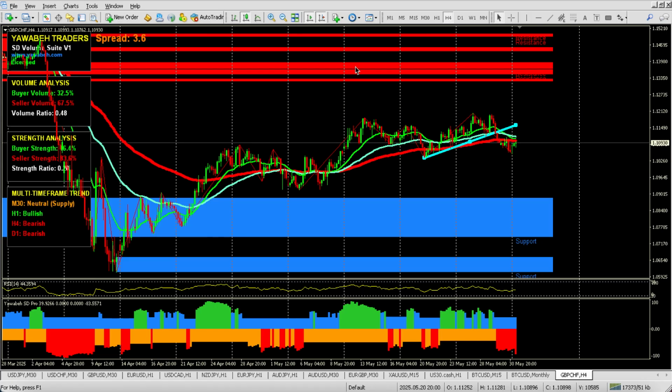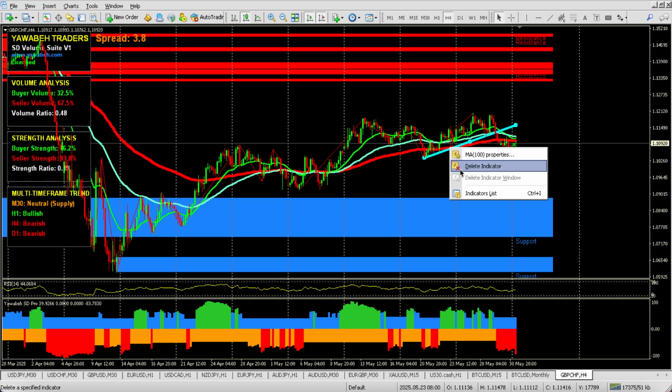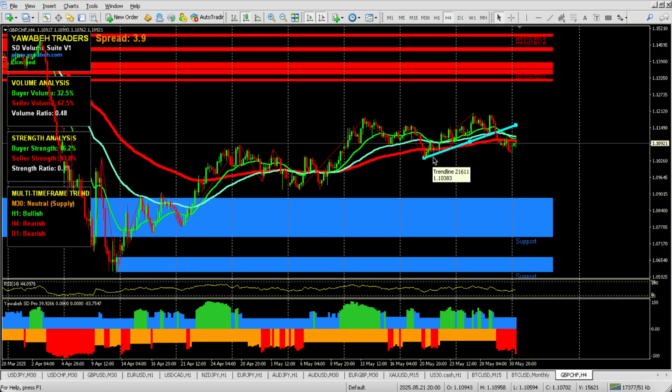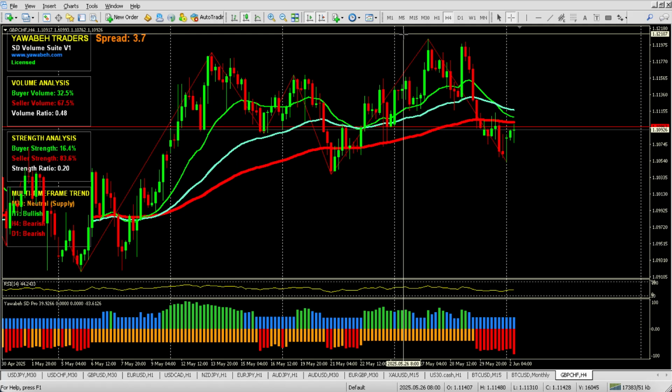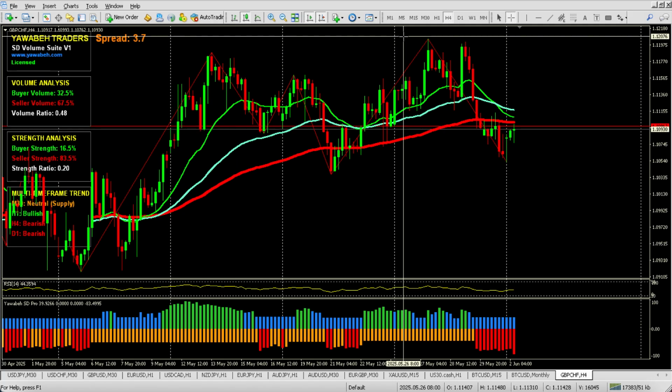On H4, based on the technical overview of the chart, we got a clear technical structure. The market created a high, and then the market made its correction. The market created a higher low, and then a higher high, and the market was again under the control of the sellers.